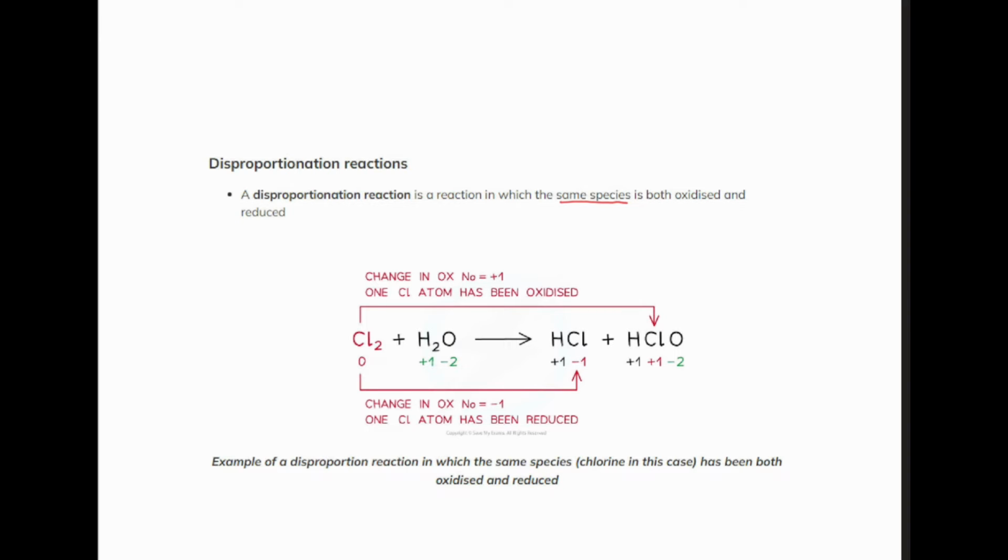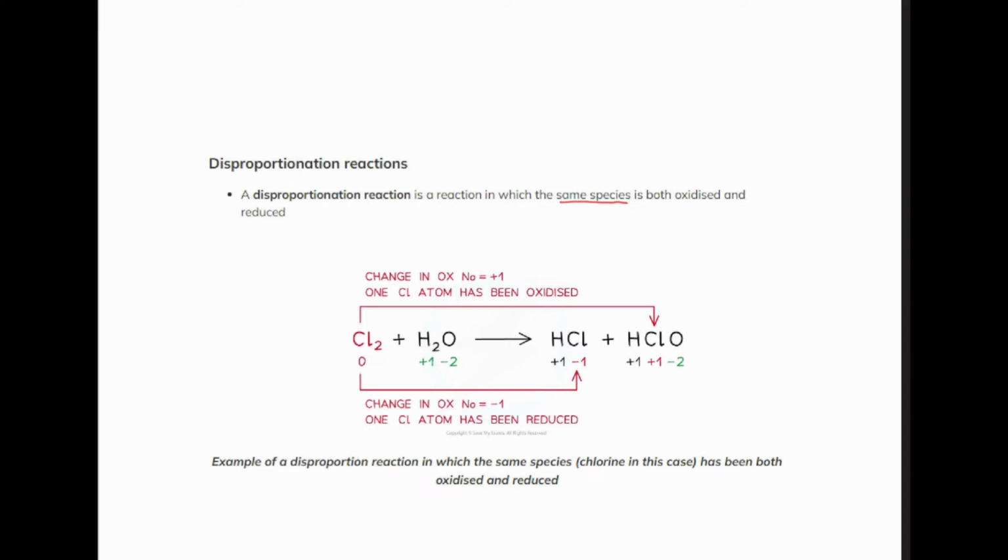Compared to the redox reaction just now, where one species is oxidized and another species is reduced, two different chemicals, this one is the same chemical that is oxidized and reduced.